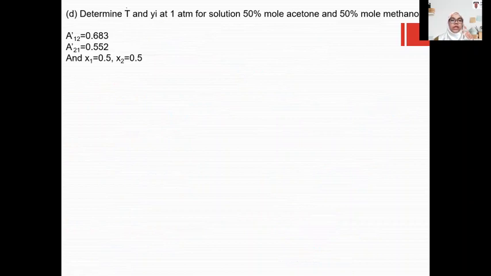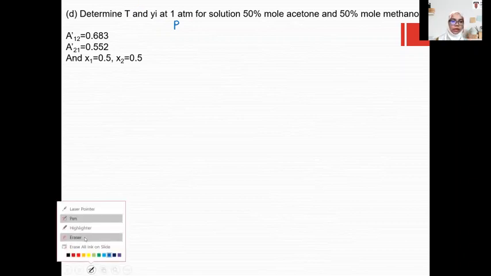Okay, the next question is to determine the value of temperature and vapor composition if the pressure is given. The liquid fraction is also given for both components. How to solve this to determine the temperature? You can use the Antoine equation, but you need to perform iteration.